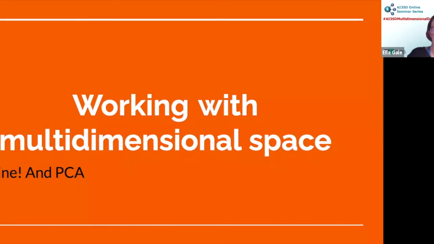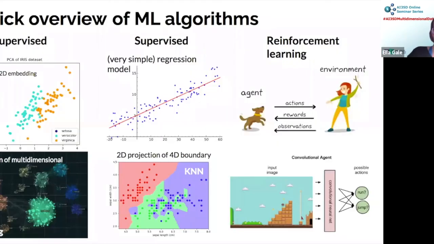Okay, so I'm going to work through a way of dealing with this, working with multidimensional space. Really quickly, the overview of machine learning algorithms. You have your unsupervised learning, where you don't know what the outcome is. You're asking the computer if there are any patterns in your data. You don't know at the start what your pattern should be.